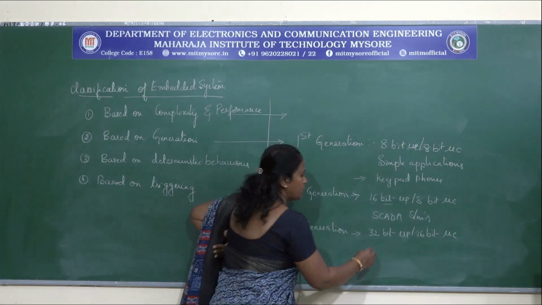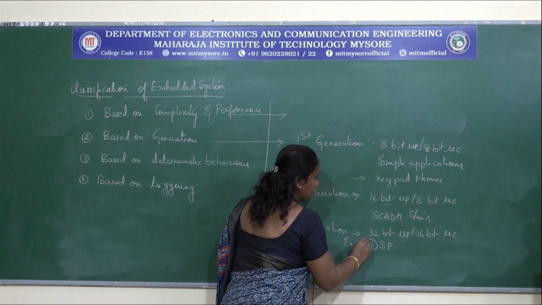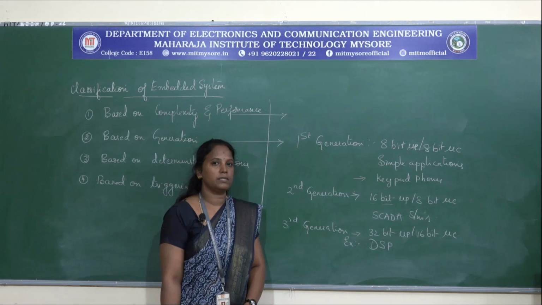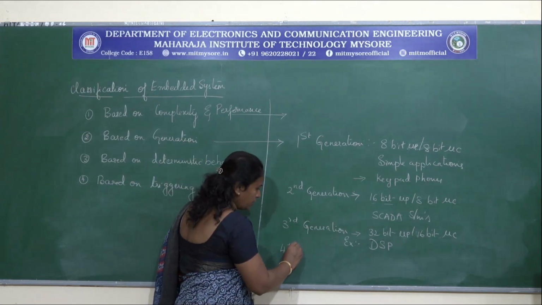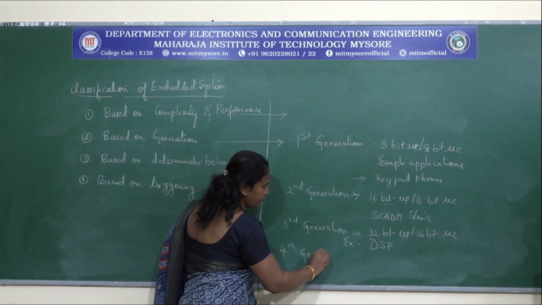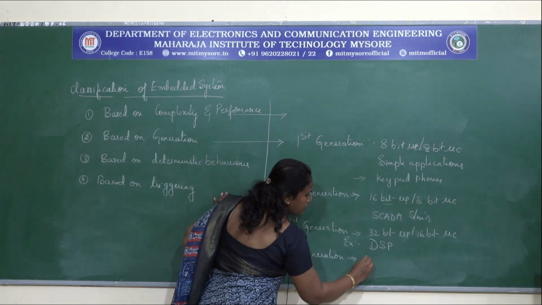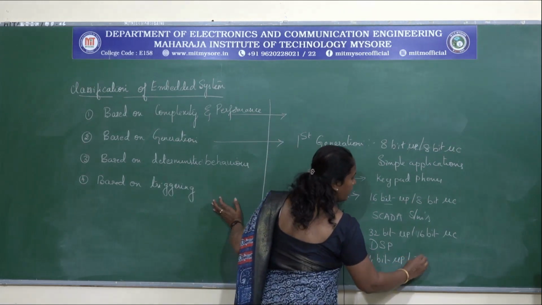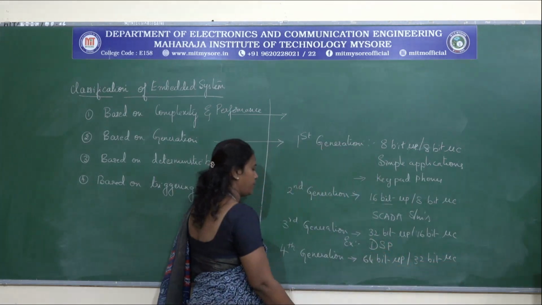In the third generation, an example is that we can use it for processing applications, that is digital signal processing applications. In the fourth generation, we have 64-bit microprocessor and 32-bit microcontroller.